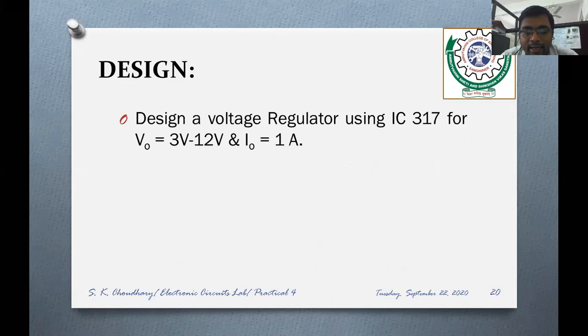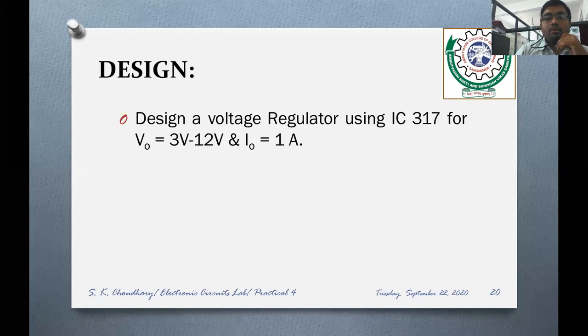You can take any range in between 1.25 volt to 37 volt. Here I have taken the minimum voltage as 3 volt and the maximum as 12 volt. For this given specification, we have to design our circuit.